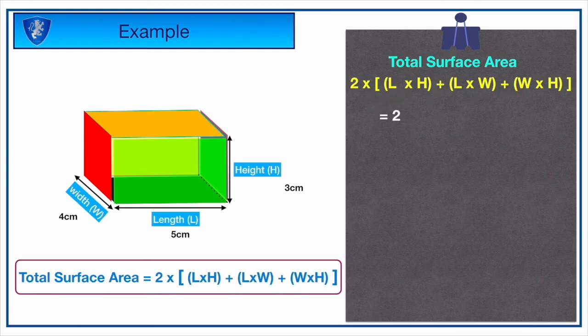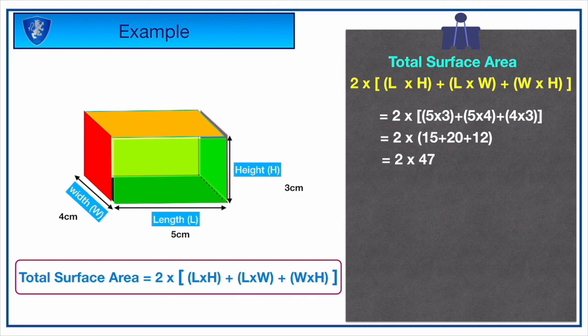Let's put the values in now: 5 times 3, this is 5 times 4, and that's 4 times 3. And remember, you have to double it, and this is it, twice, 15 plus 20 plus 12, and that's 2 times 47, which gives you 94 square centimeters. So the total surface area of this cuboid is 94 centimeters square.